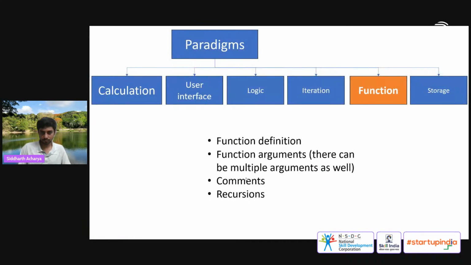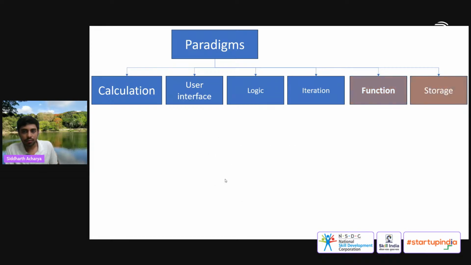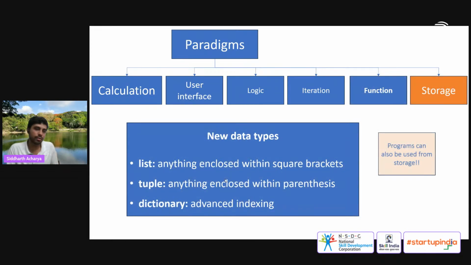Right. So we also saw what comments are, we saw what recursion is, and we also briefly digressed into how we can control the display using the print function. Now we'll move into storage. So till now in Python, we saw how the computer was used for calculation.